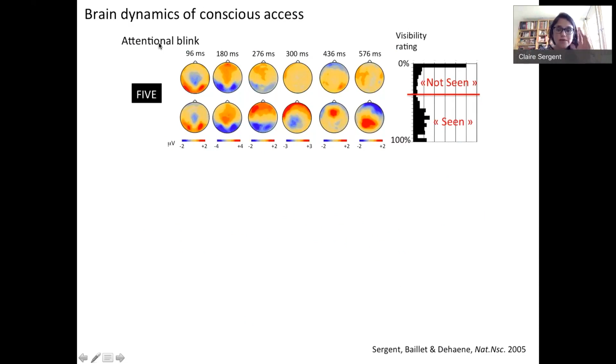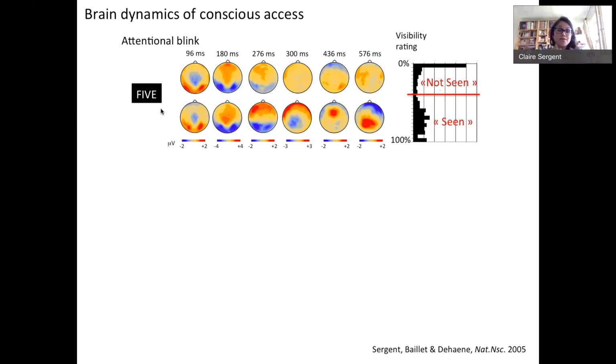All you need to know is that in the attentional blink, you have a nice stimulation that comes on screen for long enough to become conscious, but it's in attentional competition with another stimulus, so that for repeated trials of the same stimulation, you will sometimes say, "Oh, I've seen the stimulus," and sometimes, "Oh no, I haven't seen the stimulus," for exactly the same external stimulation.